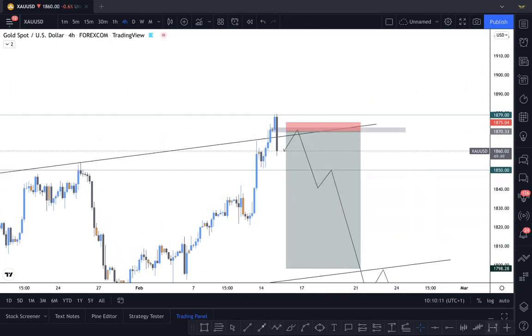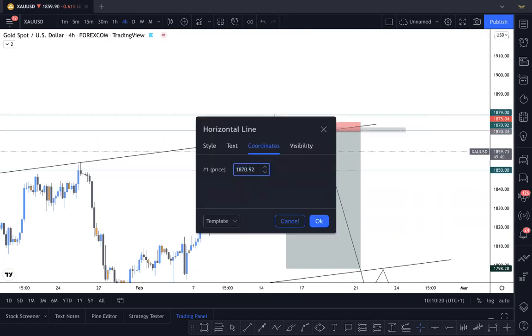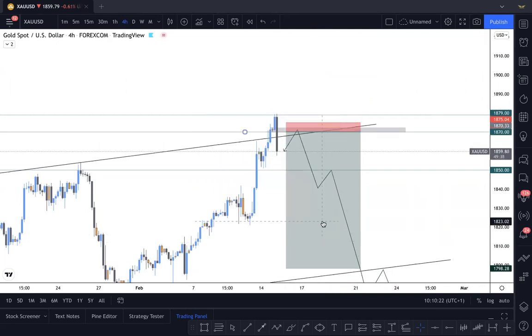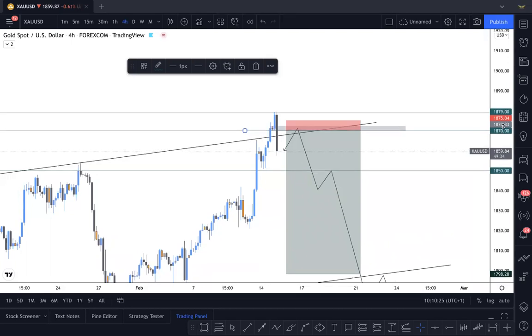So what price should you be looking at? The major price you'll be looking at is 1870. At that price level, you should start looking for a sell confirmation on lower time frame, right?